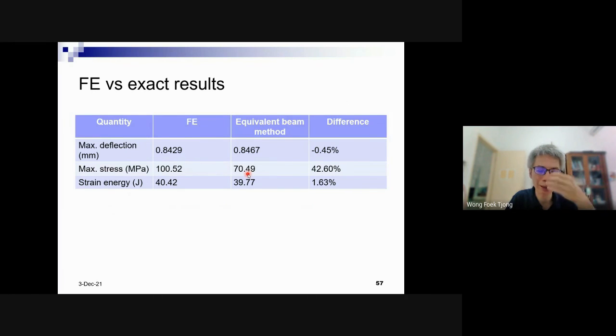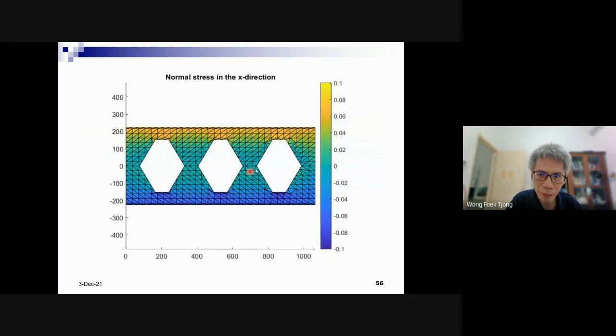It's a big difference, right? Why? Because I think finite element can capture the stress concentration here. When there is an angle, there is stress concentration. The beam theory cannot capture the stress concentration around the sharp angles like this. Okay, I think finite element performs better for this problem, castellated beam.